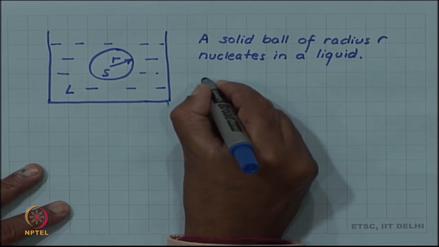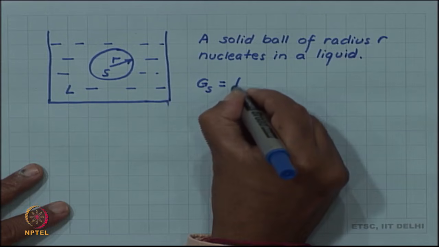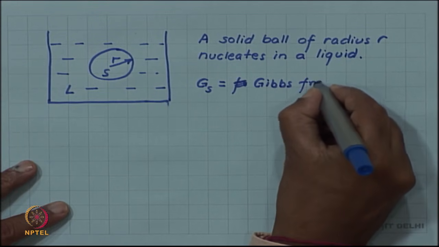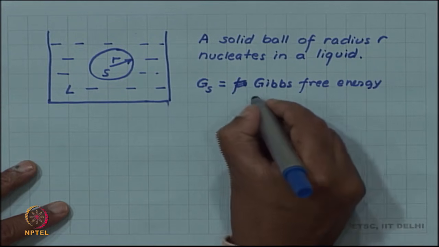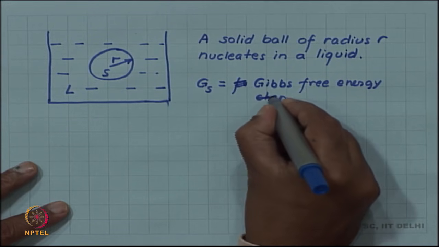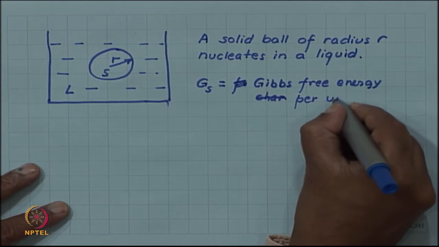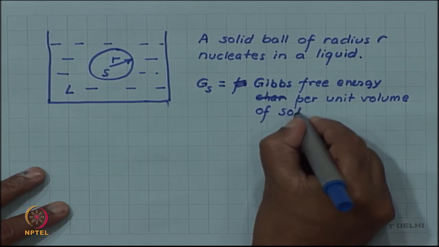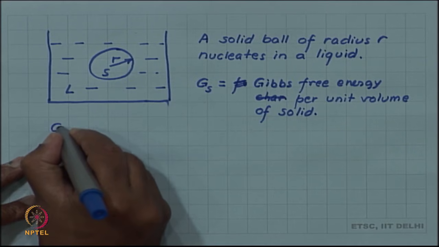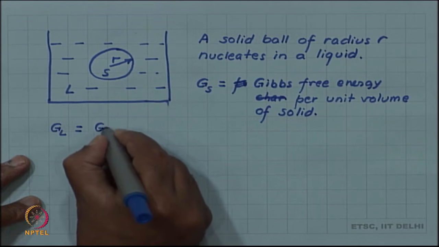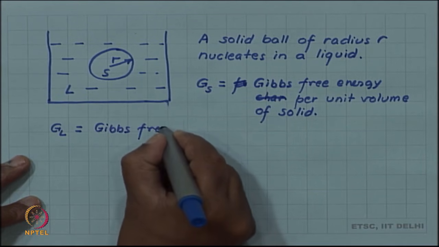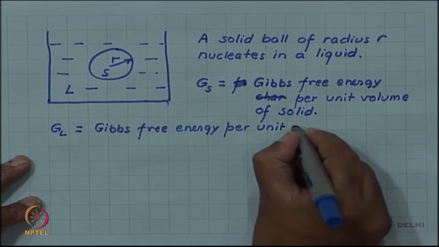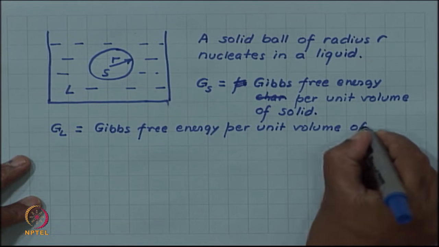Let us define G s as the Gibbs free energy per unit volume of solid, and G L as the similar quantity for liquid, Gibbs free energy per unit volume of liquid.